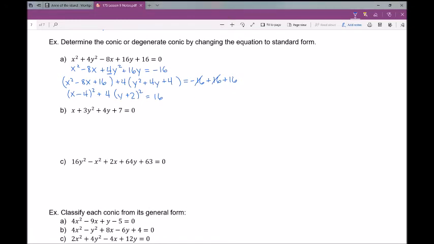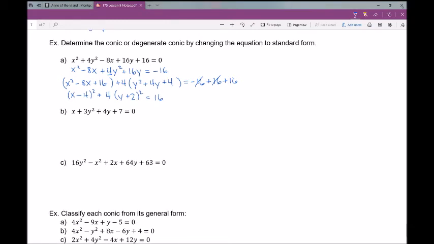So the only thing I have left to do to get this into standard form is just divide every single term by 16 so that I get the 1 that I want on the right side. So my equation in standard form is x minus 4 quantity squared over 16 plus y plus 2 quantity squared over 4 is equal to 1.